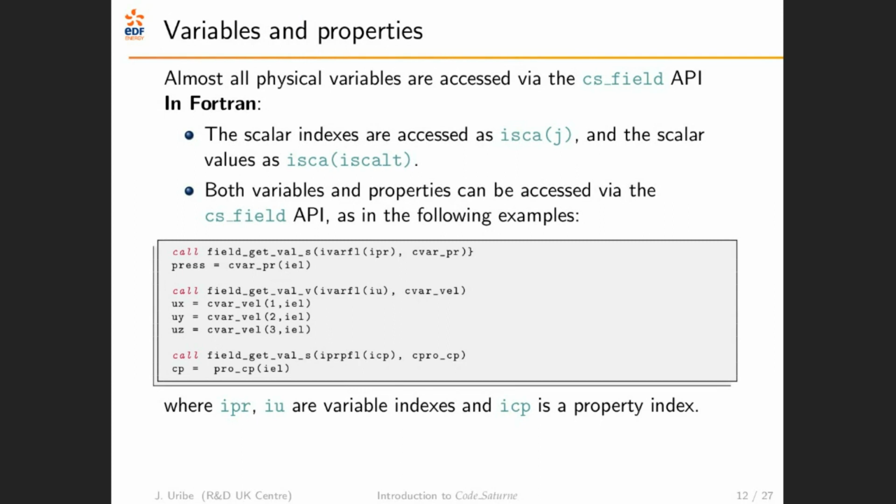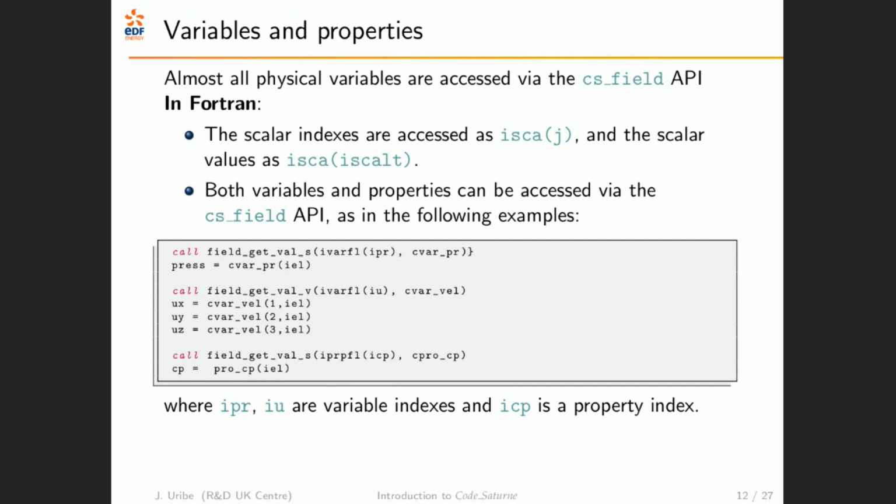Each variable has an index, and that index is used to create a field at the beginning of the calculation. This page in the documentation in Doxygen, which I'll show you in a bit, has all the indexes of all the variables. In this example, IPR is the index for pressure, IU is the index for velocity, and ICP is the index for specific heat.